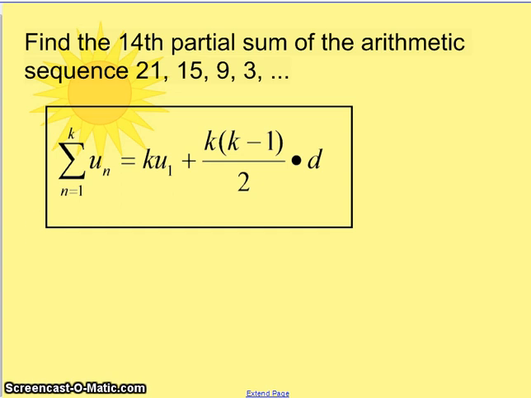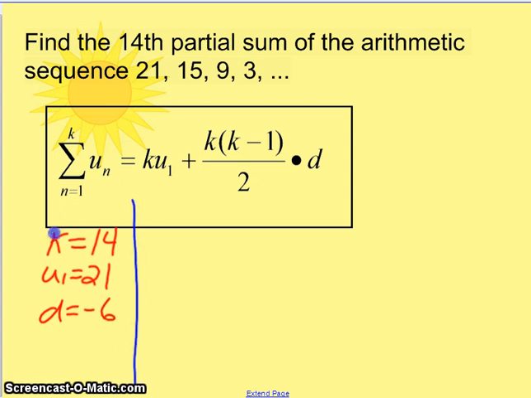So in this problem, k equals 14. We also need to know the first term, which is 21, and the common difference, which is negative 6.